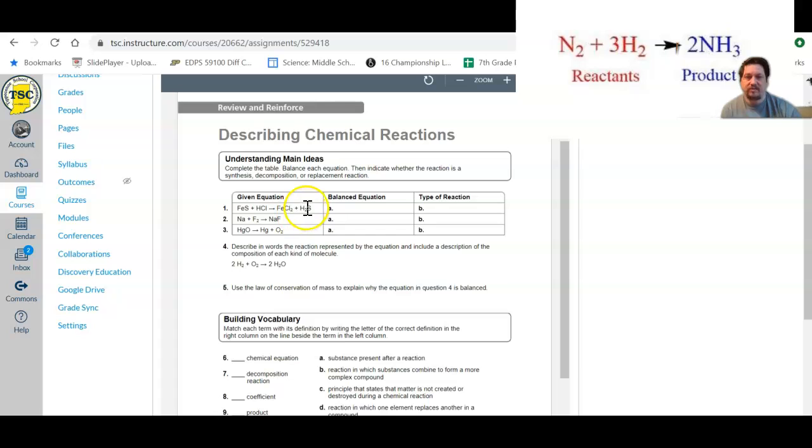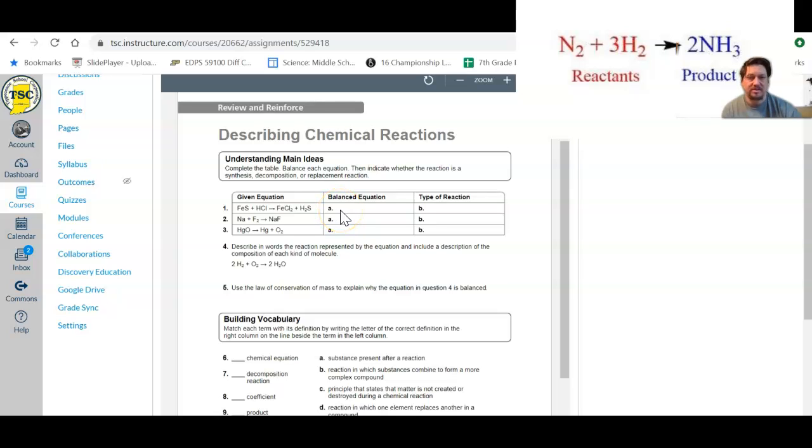We have 2 H's over here, 1 over here. We have 2 Cl's over here, we have 1 over here. The Fe, the iron, and the sulfur are fine. We don't need to do anything with this, but we don't have enough hydrochloric acid on this side, or hydrogen over here. They're not the same, so we got to fix that.